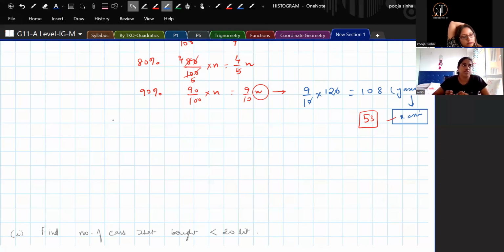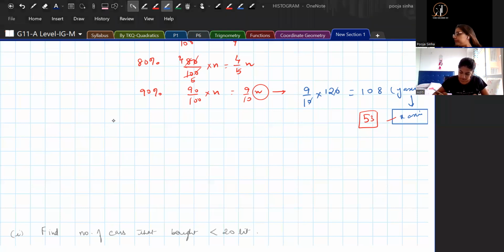That's 25. See that, 25. Wait, 40. Okay, people who have bought more than 40 liters, right?